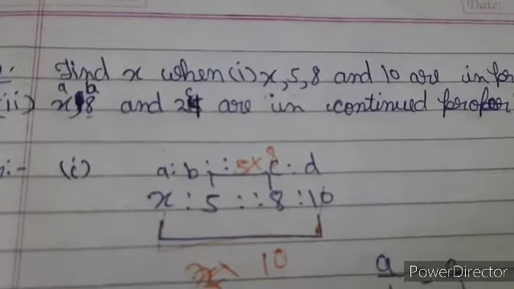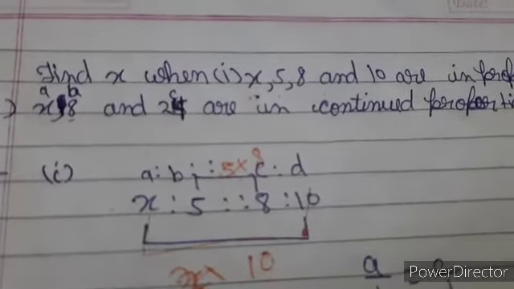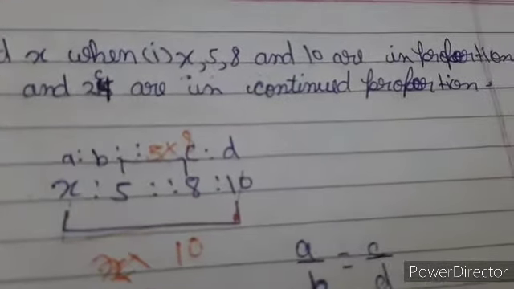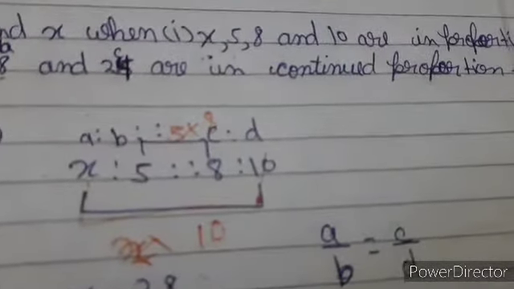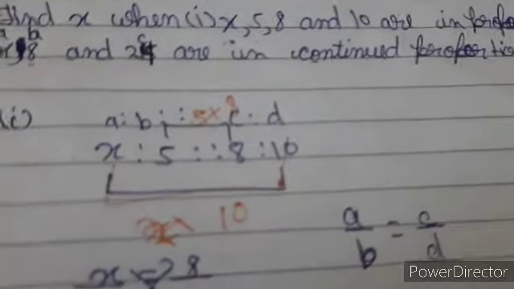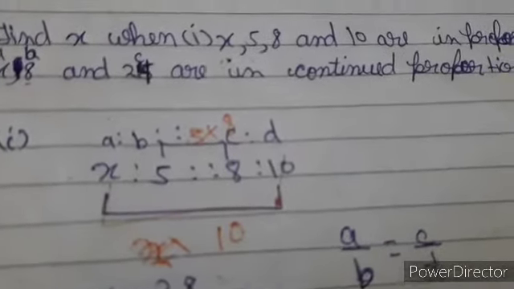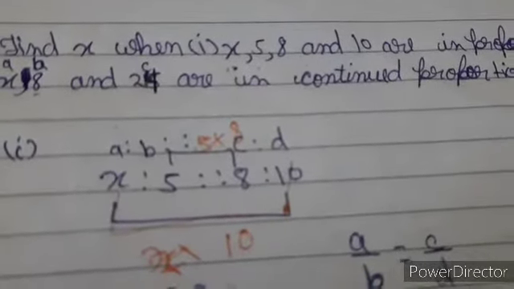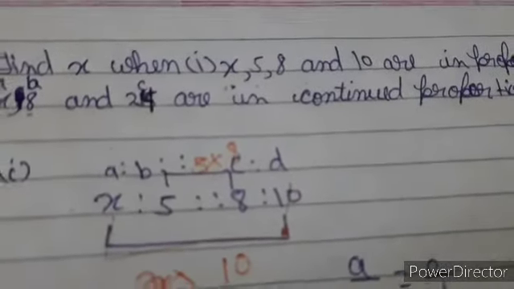Now the second part. What is the question? The second part is: x, 8 and 24 are in continued proportion. Now we have to solve it and show that it is in continued proportion.